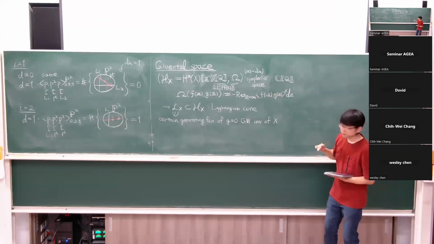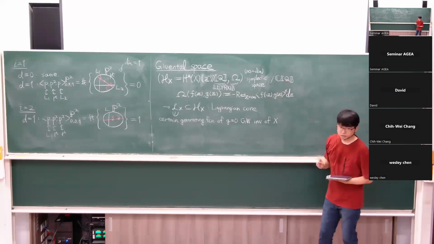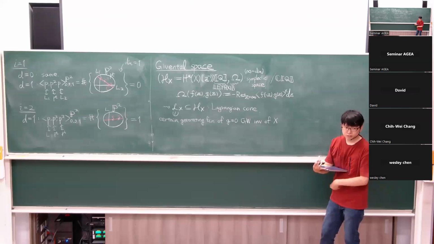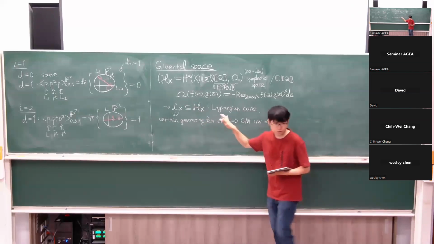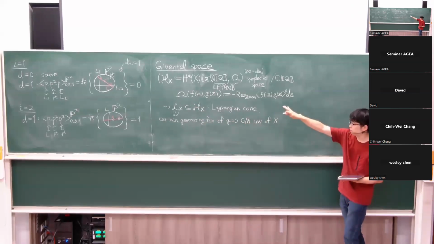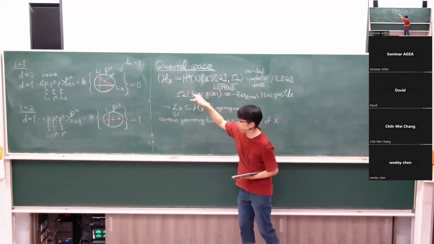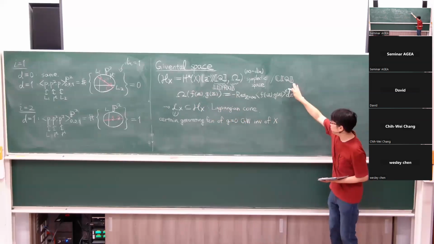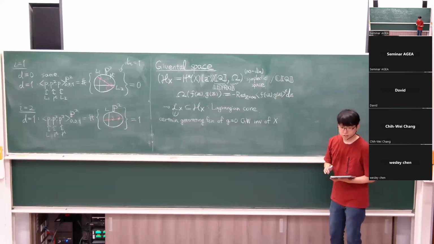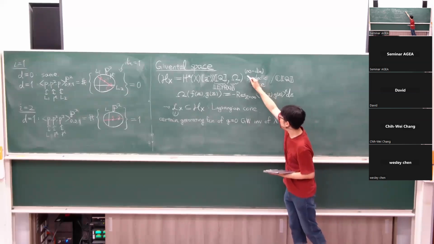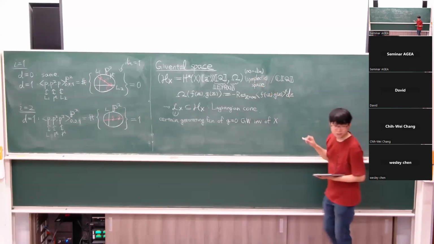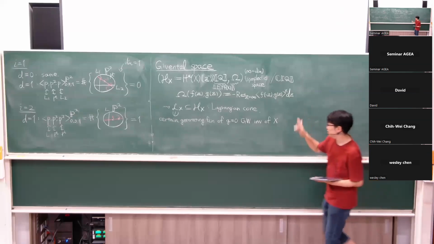And what does symplectic mean? Symplectic means omega is an antisymmetric non-degenerate form on this infinite dimensional vector space over this ring. You can ignore this, it is not essential.